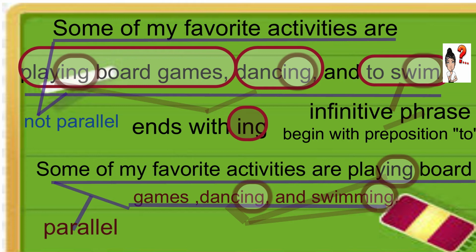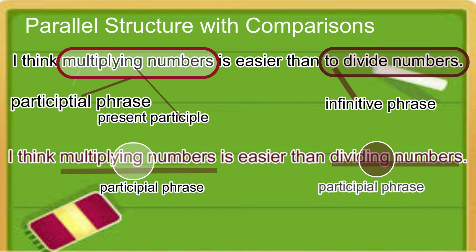So they are now connected to each other. They are now related to each other. Why? Because all of these words end in ing. Dancing, playing, and swimming. You can check your module. Look at it, try to digest.